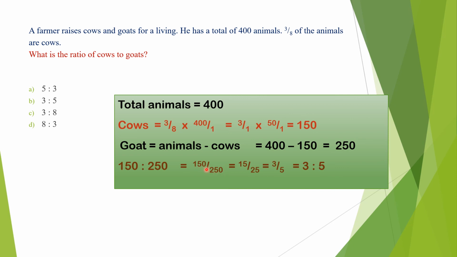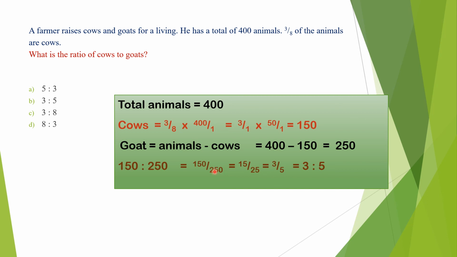And we know that when you divide a number by 10, you take 1 zero from that number. So for example, 150 divided by 10, you just remove the 0 because 10 only has 1 zero. 250 divided by 10, you remove 1 zero.